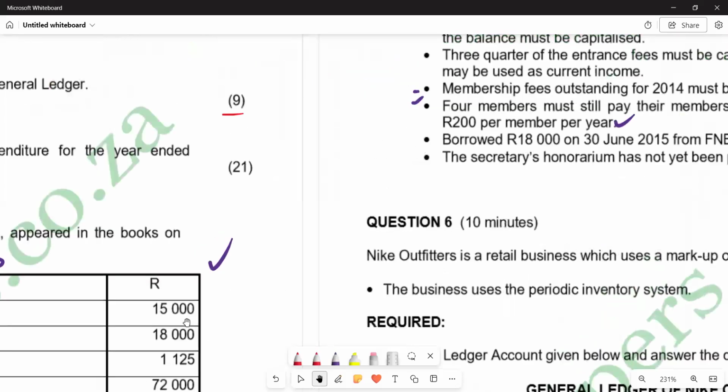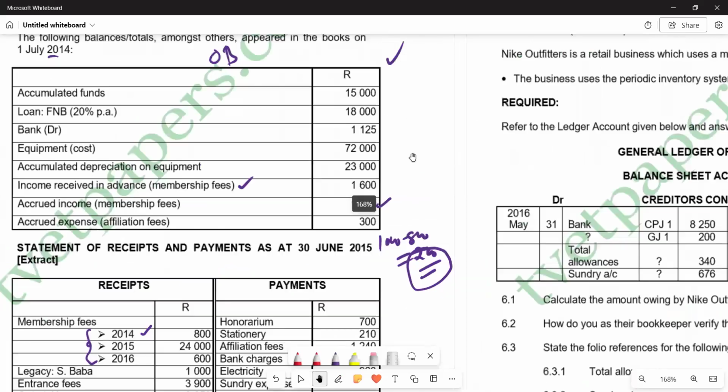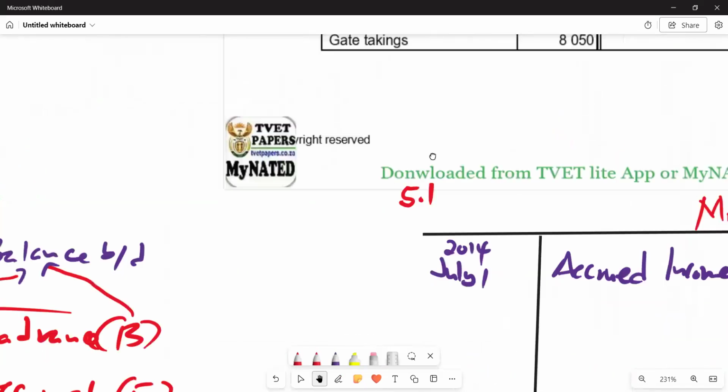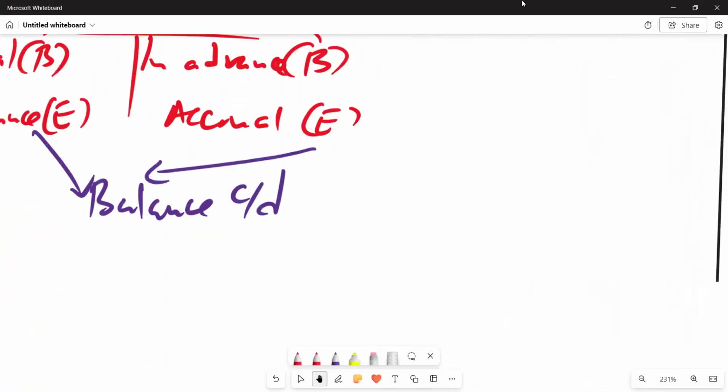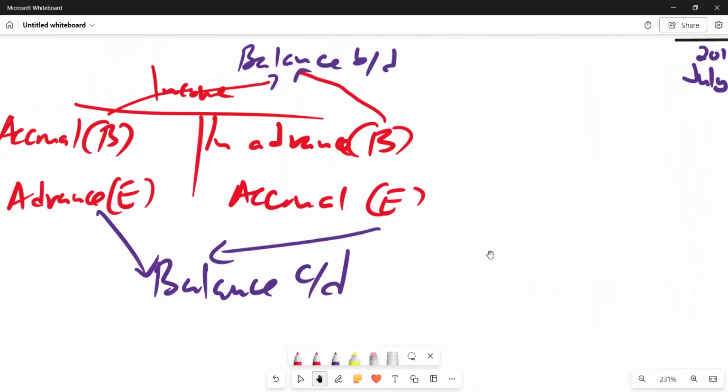And remember, we summarized where we should place those balances. So if you come here, you see that according to our analysis, accruals at the end is here, which we should place on the credit side.